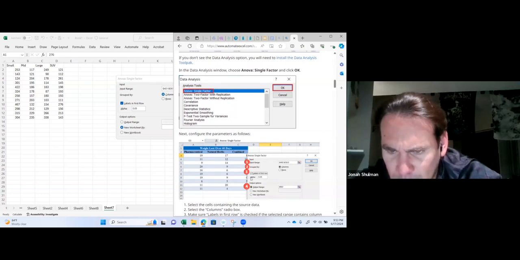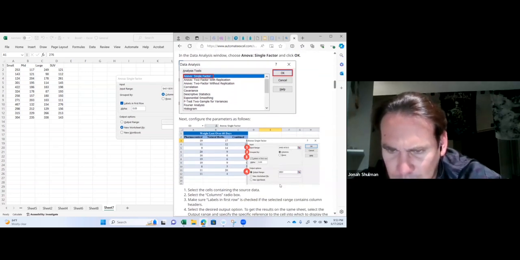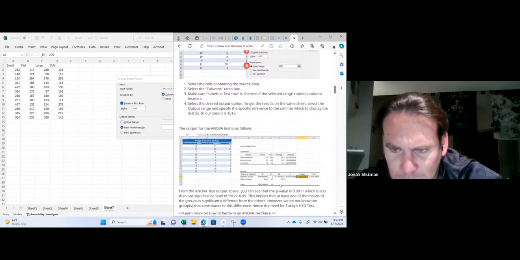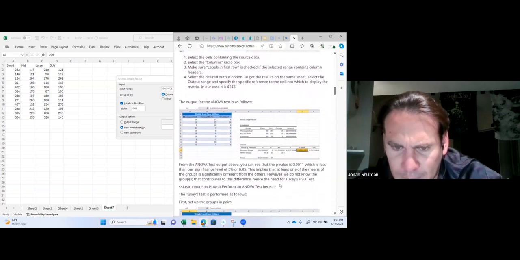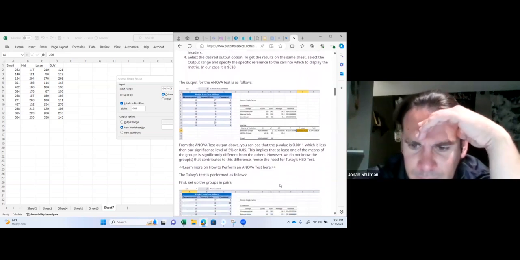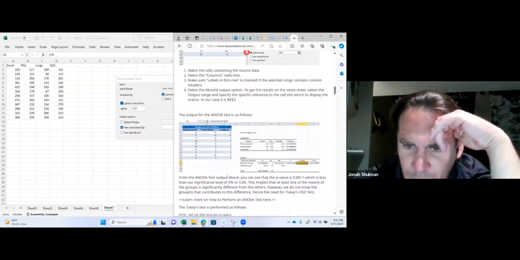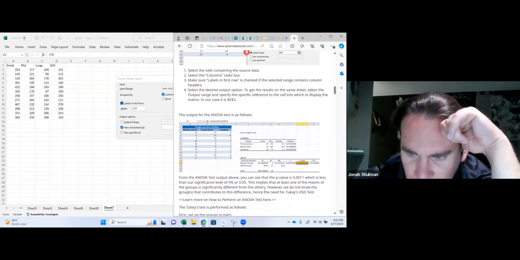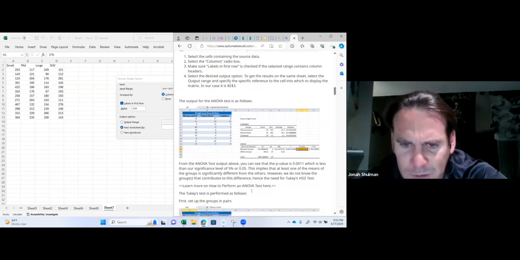Labels in first row. I did all that. Output stays on the same sheet. From the ANOVA output above, you see that the p-value is small. However, we do not know which group contributed to it.